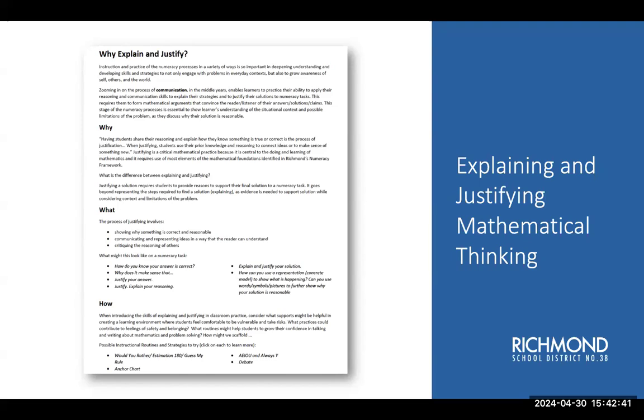We want students to understand the difference between explaining and justifying, particularly when it comes to thinking about whether their solution makes sense and sharing the process they used to come to a solution, and then thinking about the context and determining if it's reasonable or not.